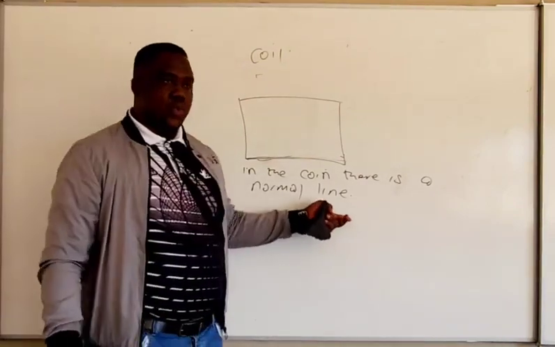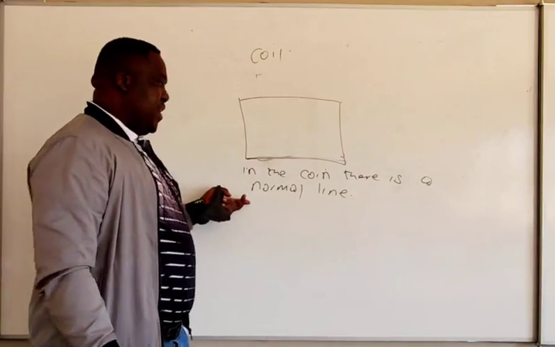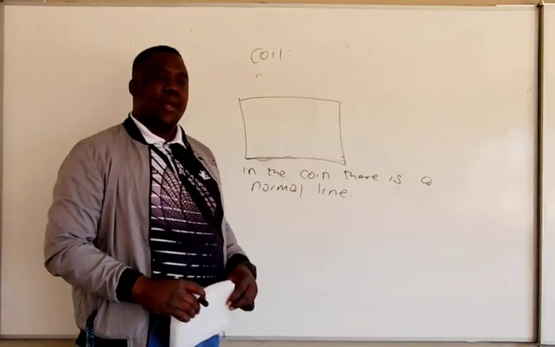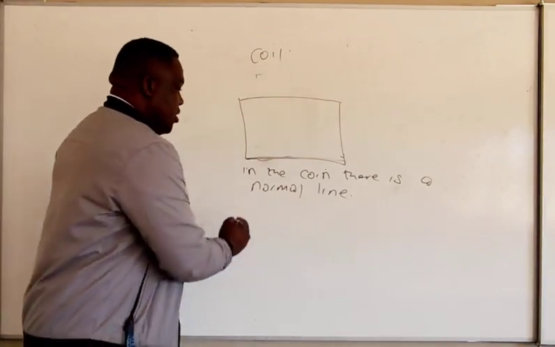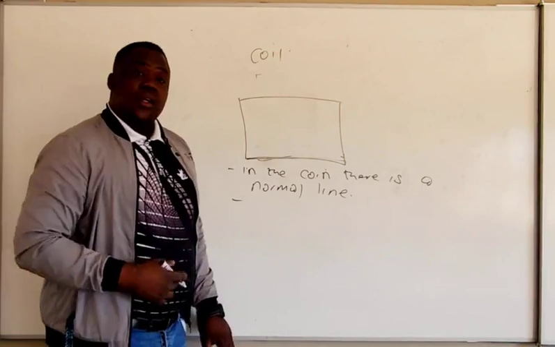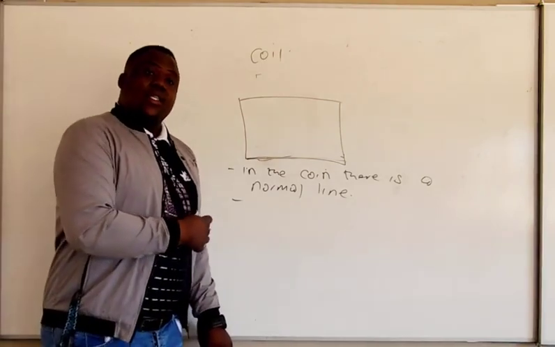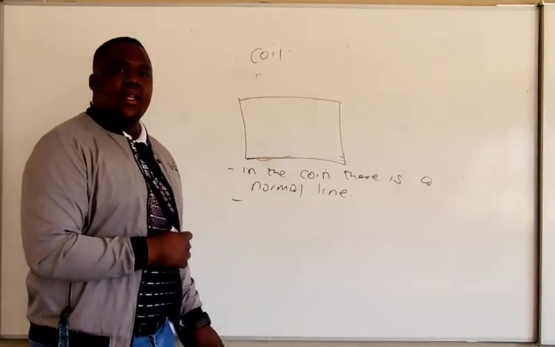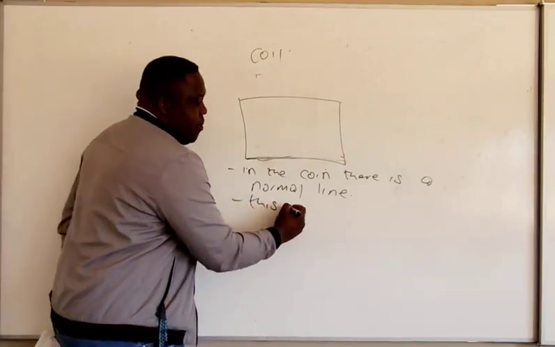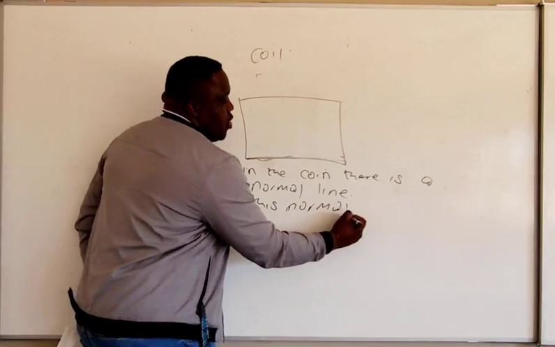There's a line which we call the normal line. This is the background information. This is what is going to make you understand. In the coil there is a what? A normal line. I'm going to write this normal line.